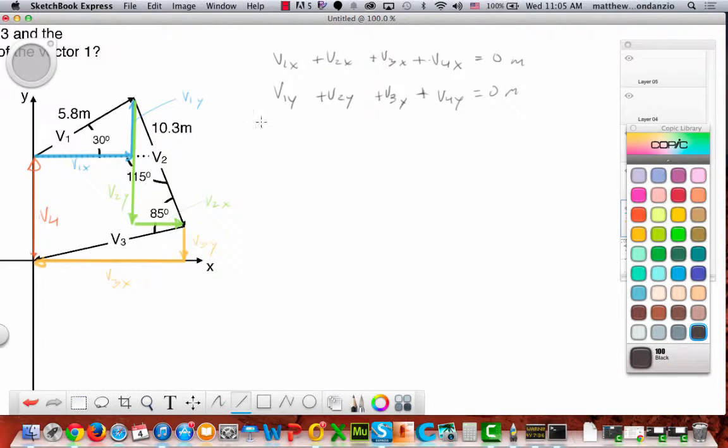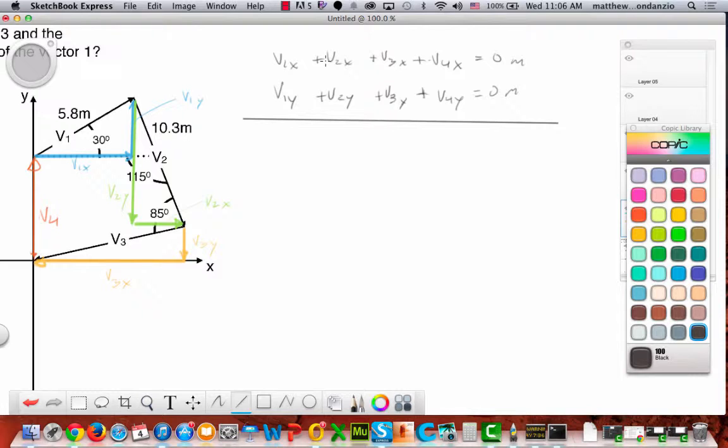Okay? So now you've got that, you have to start to say, I've got to figure out what all my subcomponents are. Can I figure out immediately the v1x and v1y subcomponents? Could I figure those out pretty quick? Yes. What numbers am I using? What things am I using to figure out v1x and v1y? SOHCAHTOA.